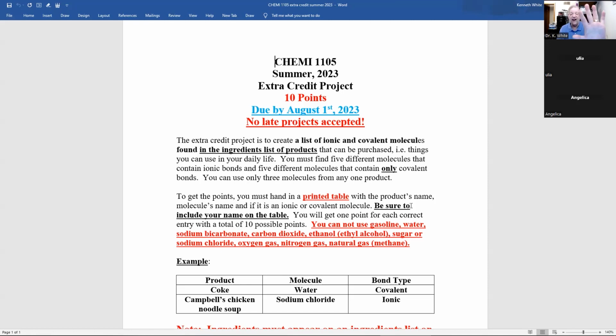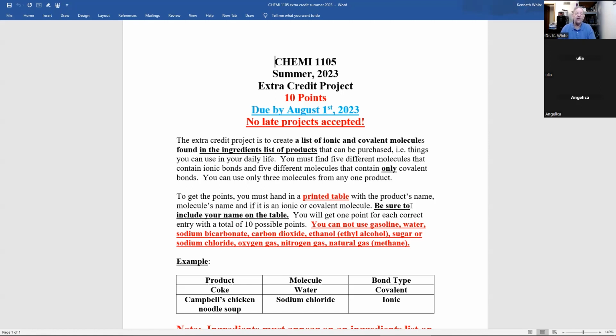You have to find 5 different molecules that contain ionic bonds and 5 different molecules that contain, this is important, only covalent bonds. The ionic molecules can have ionic and covalent. The covalent can only have covalent bonds.